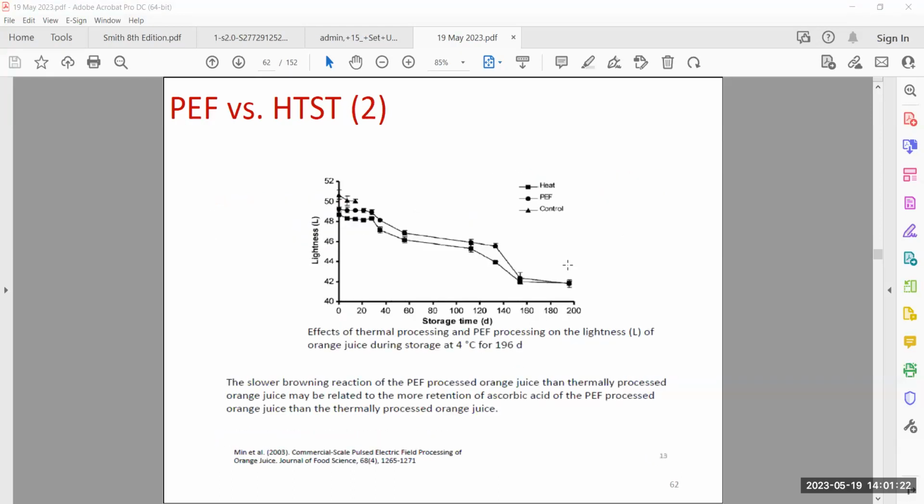Right? And of course, you look at this, the slower browning effect of the pulse electric field in comparison to the heat treated orange juice.